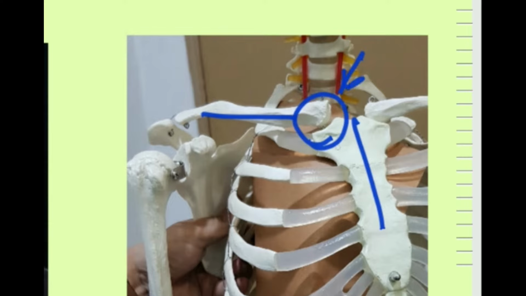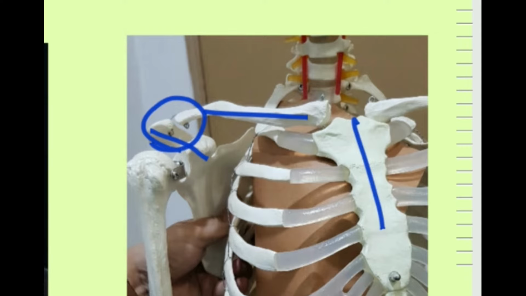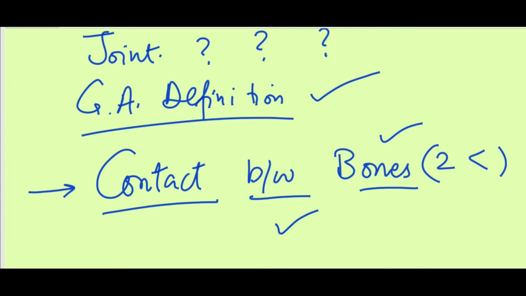So this will be a joint, and the joint name is the sternoclavicular joint. Look here. This is the clavicle and this is the acromion, and here is the contact. So this is a joint, and the joint is the acromioclavicular joint. That's why always keep in mind that contact between two bones is a joint. That's all about the definition of the joint.